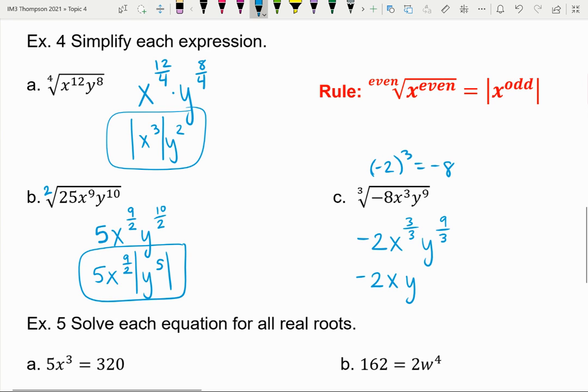And then y to the power of 9 divided by 3 will give me 3. I'm not concerned with any absolute value brackets this time because I'm taking an odd root automatically. Not a concern.